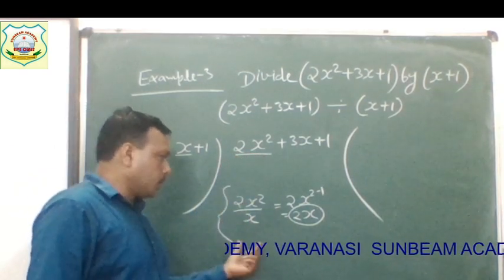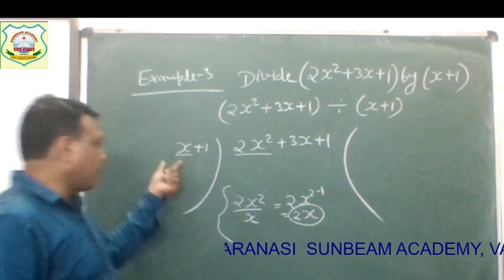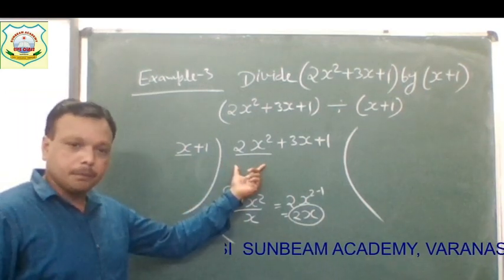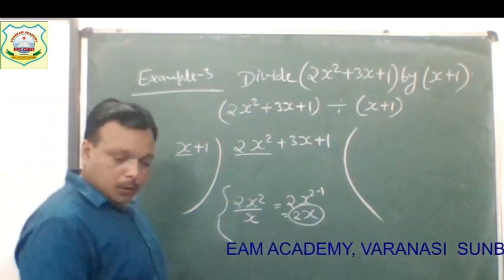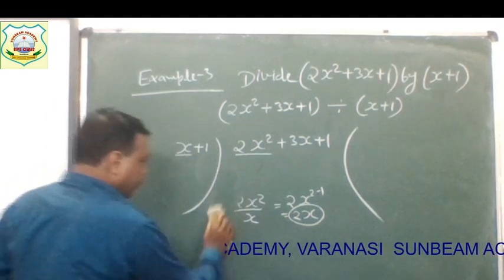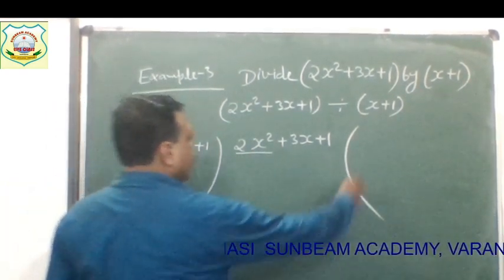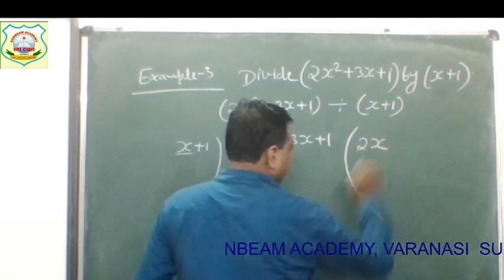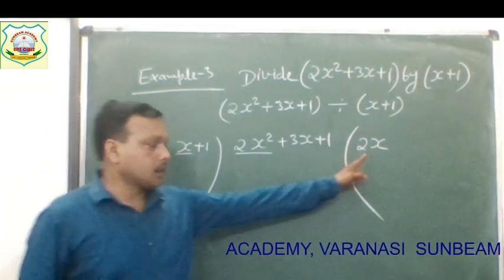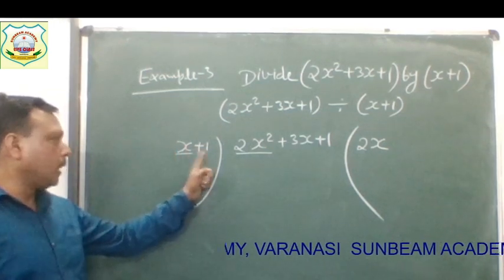So what we have got is 2x. 2x multiply x, and 2x square will come. Clear, students? So when we have got 2x, we will write it in the quotient.